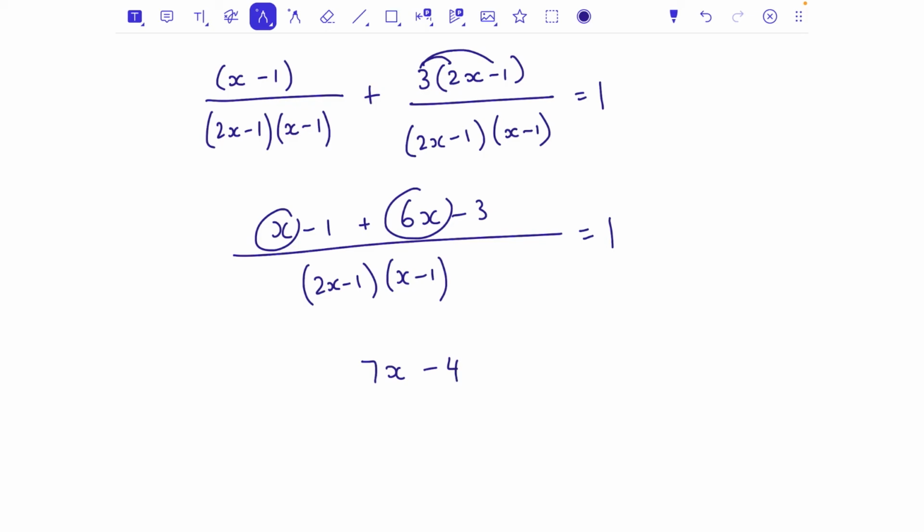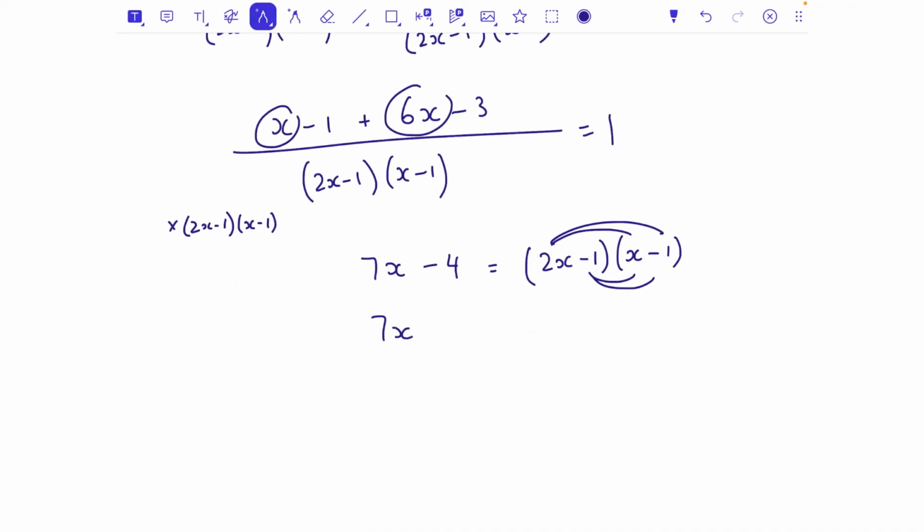So I'm left with 7x minus 4, and I'm going to multiply this denominator up to the other side. So if I times by that denominator, it's going to go up here. So I've got one lot of 2x minus 1 multiplied by x minus 1. Let's expand this out. So 7x minus 4 equals 2x squared minus 2x minus x plus 1.